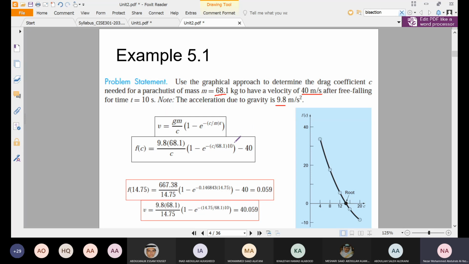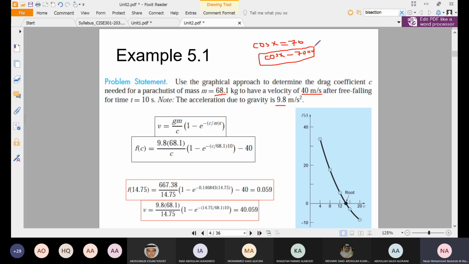So we get this equation from this one. To use the graphical method, as we said before, if we have cosine x, for example, equal to 70, we equalize this to 0. We say, for example, cosine x minus 70 is equal to 0.